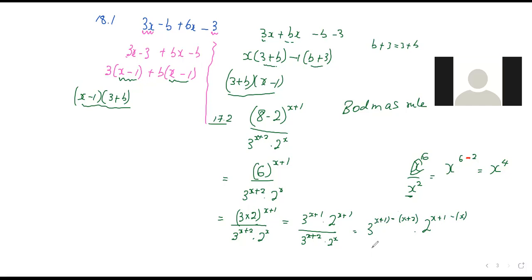This here is going to be 3 into x plus 1 minus x minus 2, 2x plus 1 minus x. These are going to cancel. x minus x is 0. So remain 2 to the power 1, which is 2. This cancels with that.